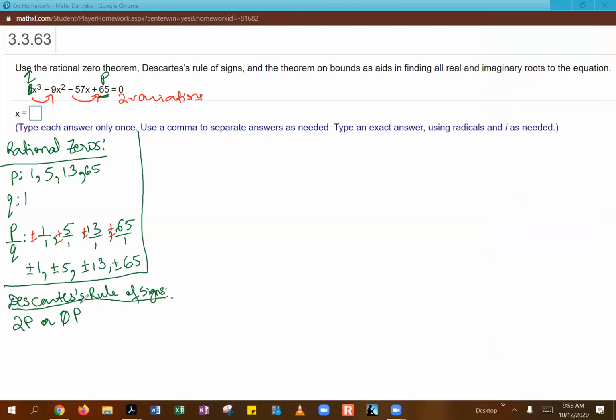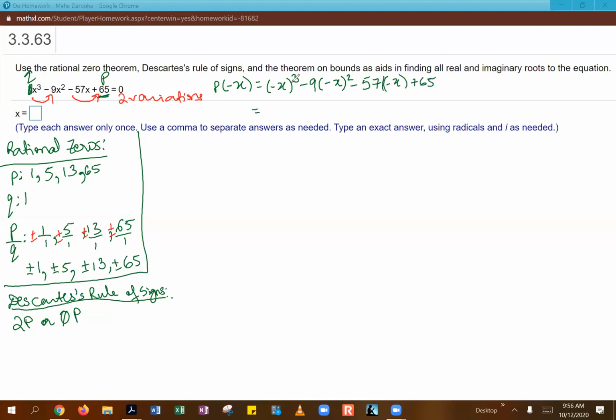For the negatives, remember, you take your polynomial and replace it with negative x. So that will become negative x to the 3rd power minus 9, negative x to the 2nd power minus 57 times negative x, and then plus 65.